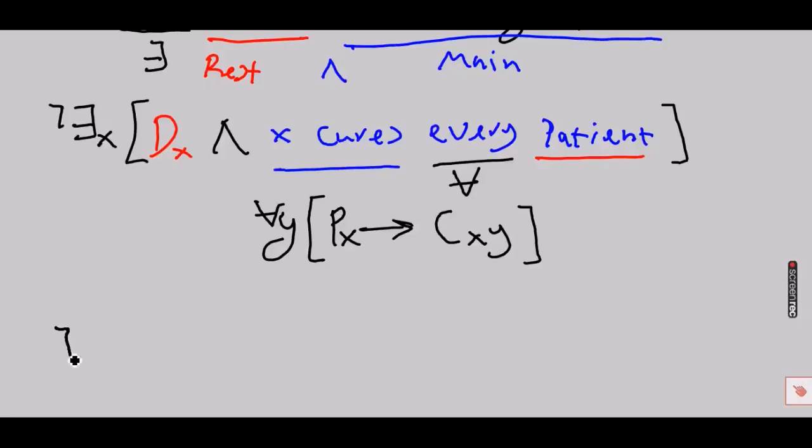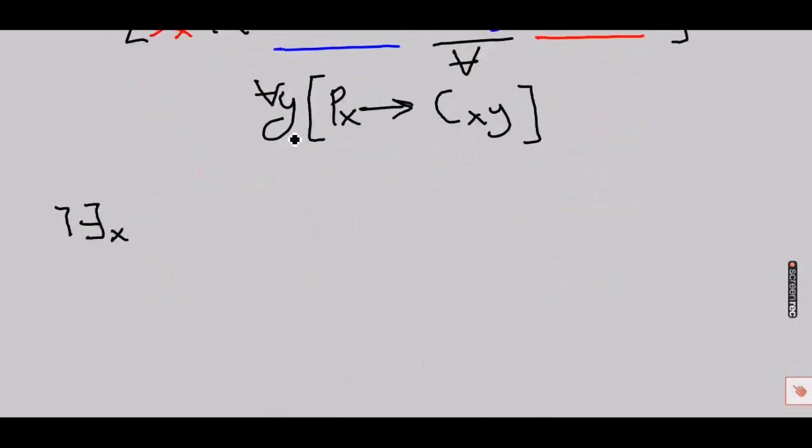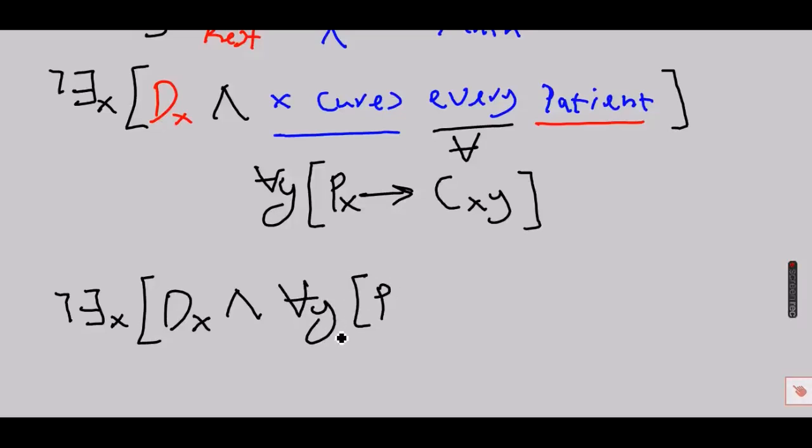So we are saying that it is not the case that there is some x in the domain. And what's the domain? Notice that people is not explicitly mentioned here, so we can use the domain of things or the domain of people. It doesn't matter. So it's not the case that there is some x such that x is a doctor, and for all y, if y is a patient, so I made a mistake here.